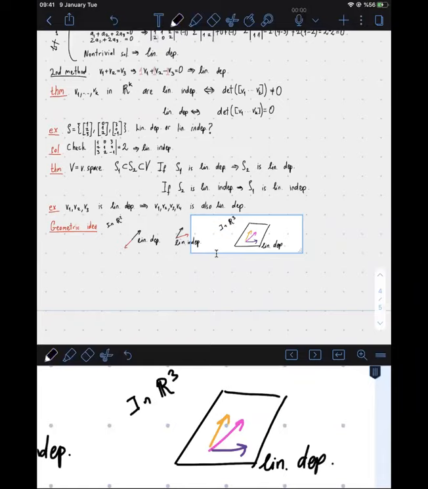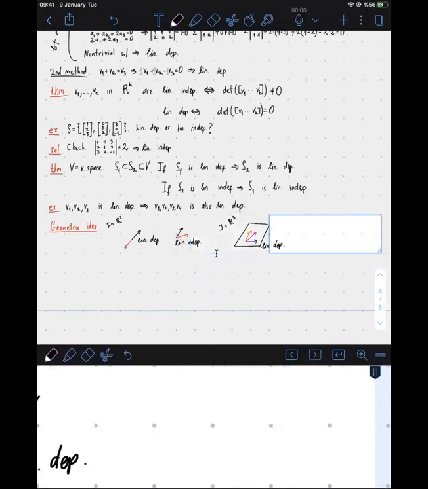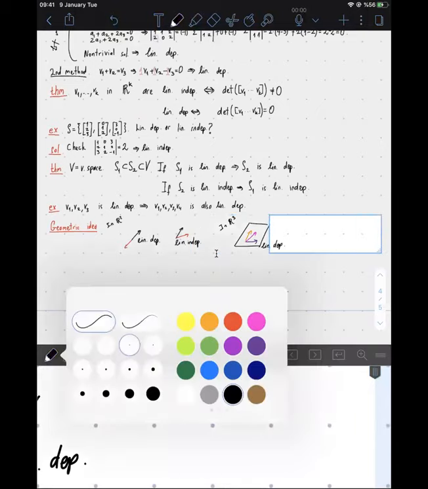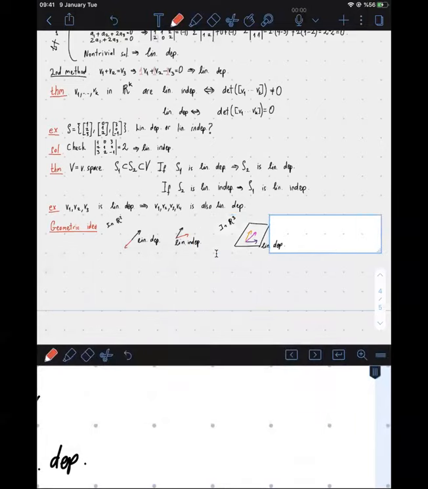They could also lie on the same line, but a line also lies on a plane. So if three vectors lie on the same plane in three-dimensional space, then those vectors are linearly dependent. And if they don't lie on the same plane, then they will be linearly independent. If they were like this, and the third one, let's call it like this.